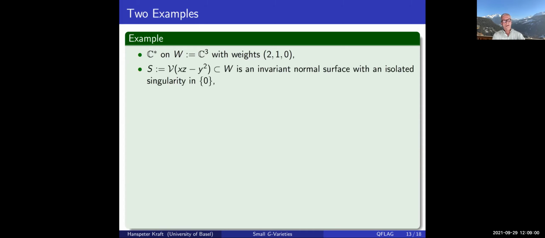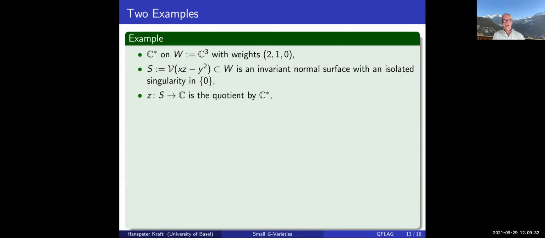Here, the variety x times z minus y squared, this is a C star invariant normal surface with an isolated singularity in 0. Yeah, it's clear. It's a surface. It's normal, this is known, and it's invariant because x times z has weight 2 like y squared.